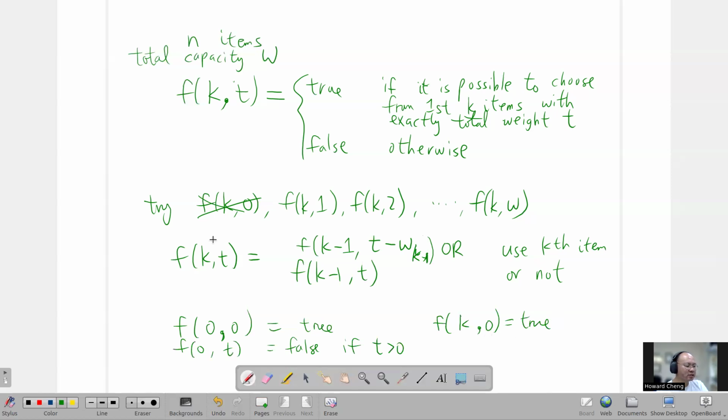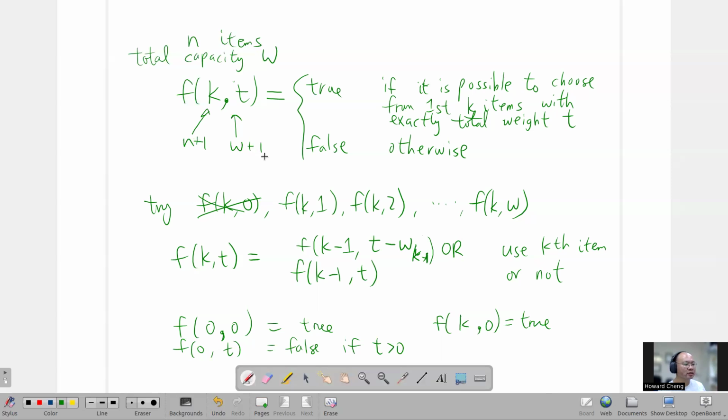So these are the base cases, and this is to decide if you can actually form the sum. And you can write this in a recursive way with memoization. And this table that you're going to use would have n items in this entry, or n plus 1, because you go from 0 to n. And this will have w plus 1 entries. So altogether it is n plus 1 times w plus 1, which is basically n times w.